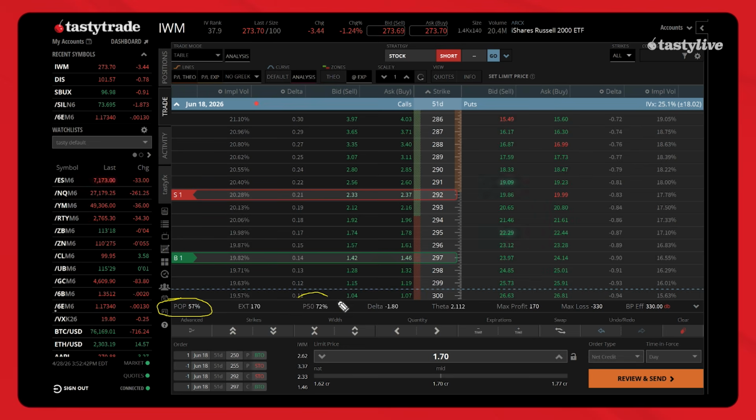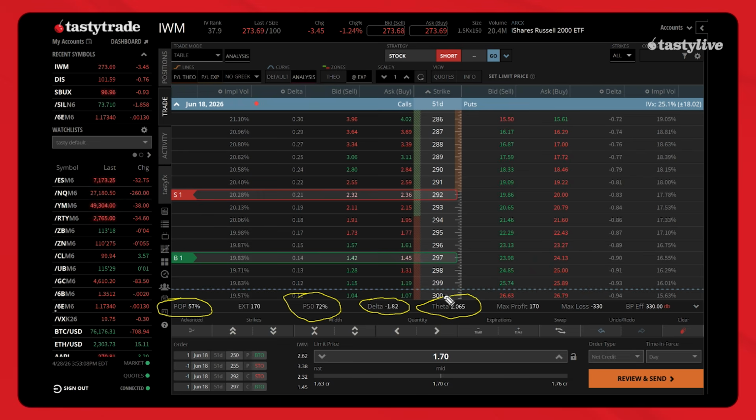P50 here is 72%. My delta is still pretty neutral. I'm a little bit skewed to the downside now, so it's a little different than the strangle was, but still not too significantly different. My theta is a lot less positive. So this is another key thing that's going to change from undefined risk to defined risk. With undefined risk, you have unfiltered exposure to the Greeks. I have unfiltered exposure to theta because I'm just selling options.